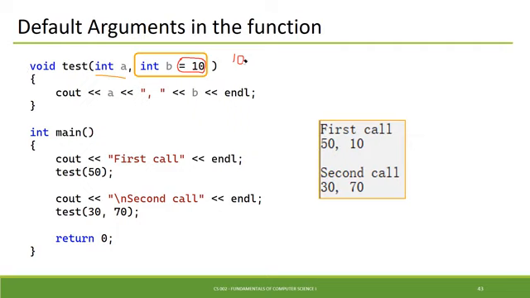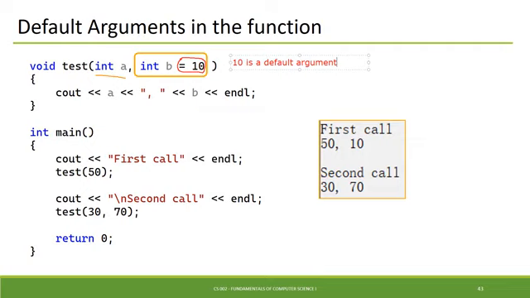You know that an argument is a value from the main. So here 10 is a default argument. It means that if main does not provide the second argument, then use 10 as a default value.